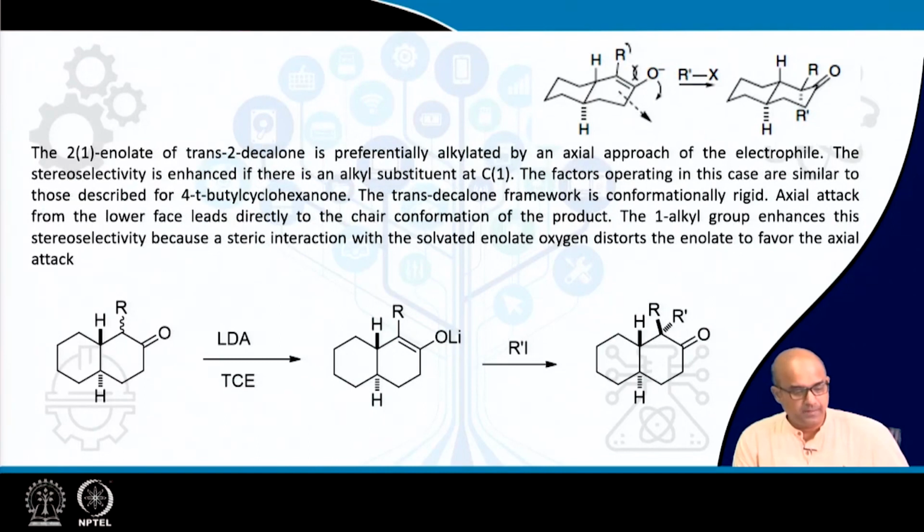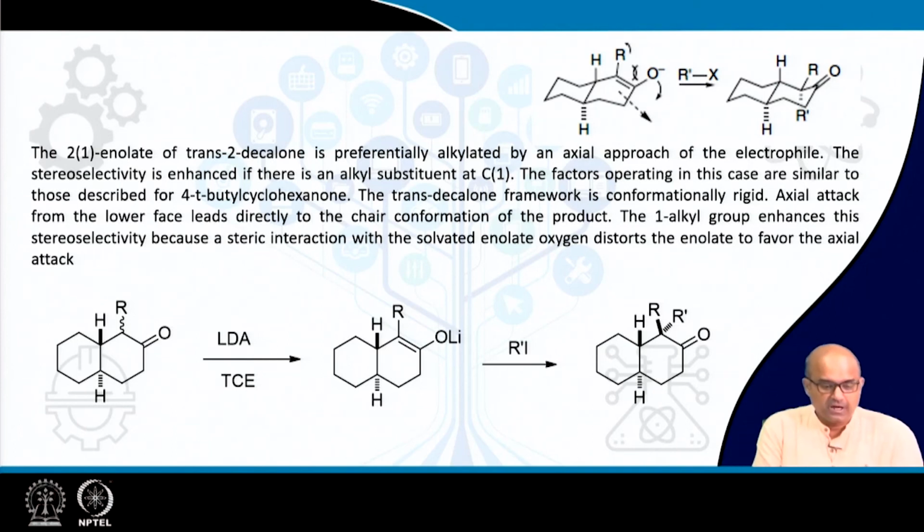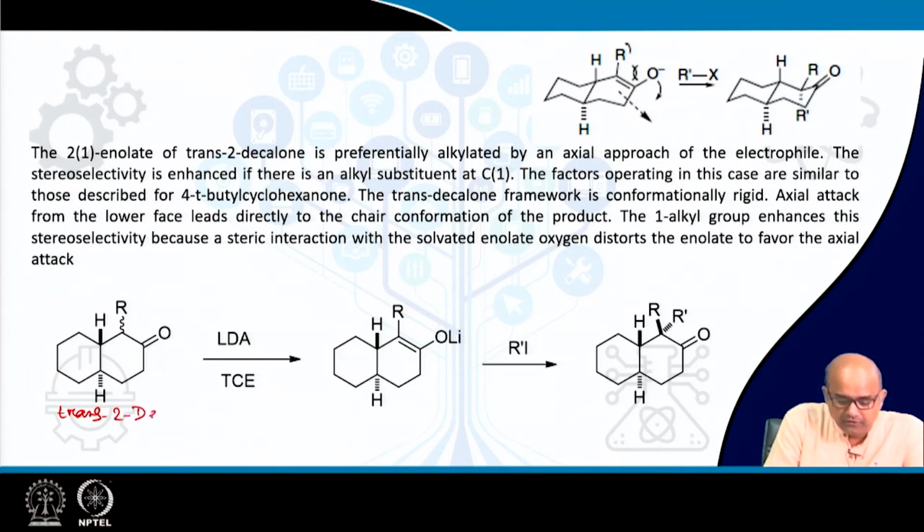Things will be a little bit complicated if you are talking about a trans decalone system with a similar kind of substitution. Now, the parent decalone is a trans 2-decalone, meaning the ring junction stereochemistry is trans.